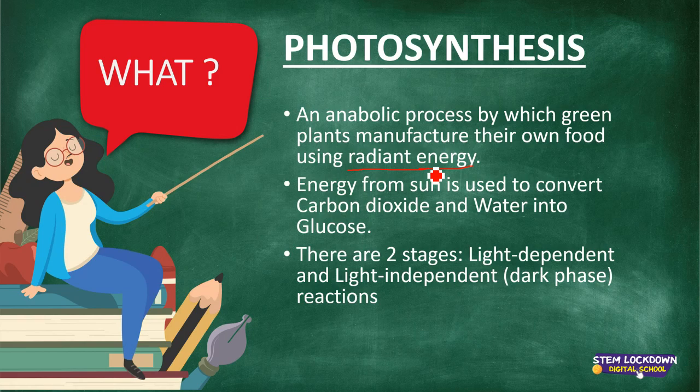What is an anabolic process? Remember, anabolic process has to do with metabolism. And if we go back to grade 10 again, we dealt with catabolism and anabolism. So when we speak of anabolic, we're speaking of a build up, all right? And when we speak of catabolic, it's breakdown.